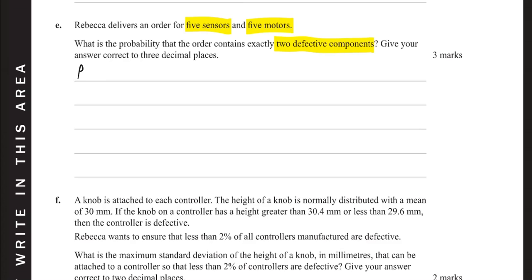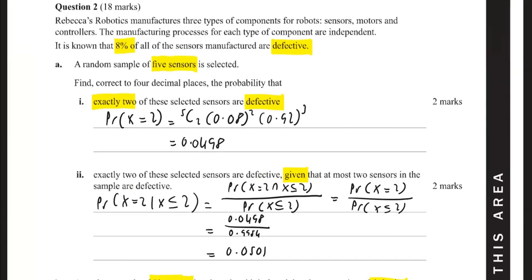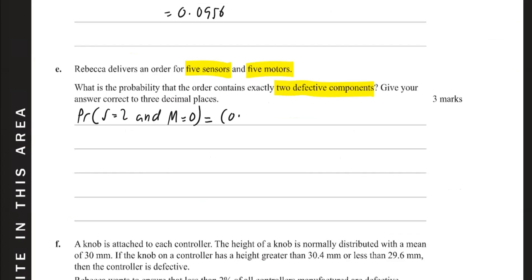So first of all, we have to evaluate the probability of each of these combinations from happening. So let's do this. The probability of getting 2 defective sensors is your answer from part A. We found that up here, so we can just do 0.0498 multiplied by when motors is 0.